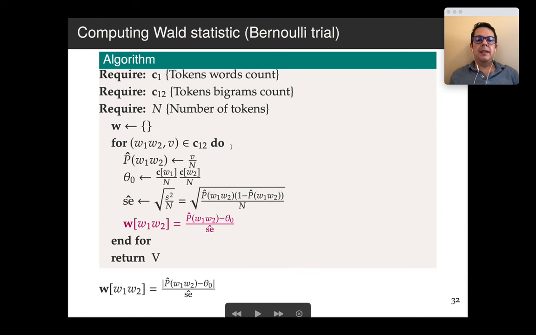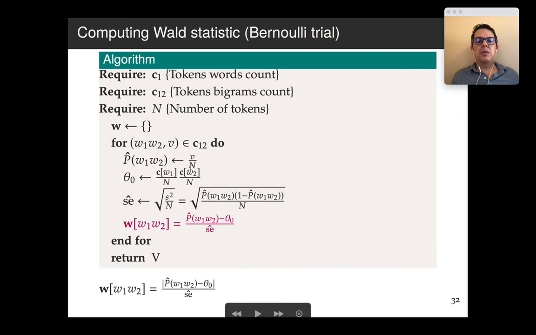What we have seen is that we can use the Wald test to find if a particular bigram doesn't follow an independence assumption.